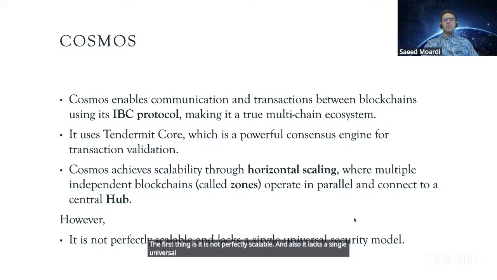Because Cosmos does not provide any security mechanism to protect the privacy of its users, each blockchain network should propose its own security model, which will complicate maintenance of the entire system. And it can also be incompatible, because one security model might not be compatible with another security model.